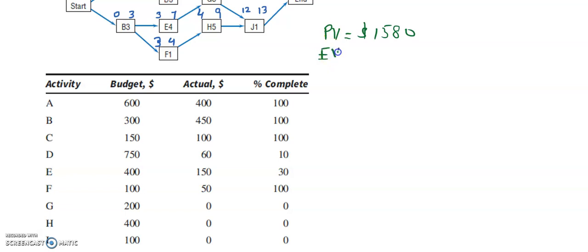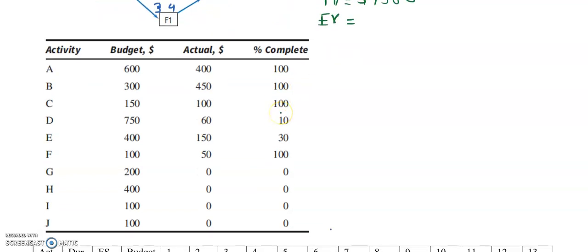So let's find the earned value. We will find it from this table. It was said that activity A is 100% complete, so the earned value for activity A will be 600, that means 100% of this budget. This is also 100%, so it will be 300. 100% will be 150.